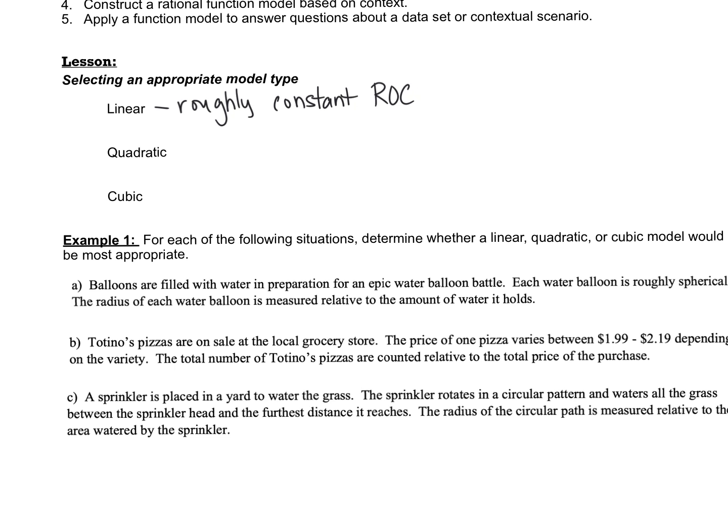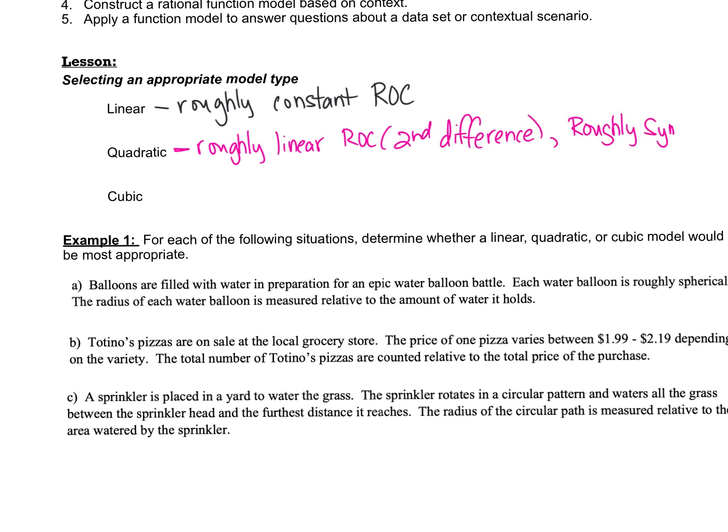Now, when we jump to a quadratic function, there's just a little more stuff we can look at. We can do that second difference, remember when we did that, which basically means that we have roughly a linear rate of change. That was that second difference that we talked about. Something else that can be a clue to us is that our table is roughly symmetric. So if we're looking at those y values, some of them seem to repeat.